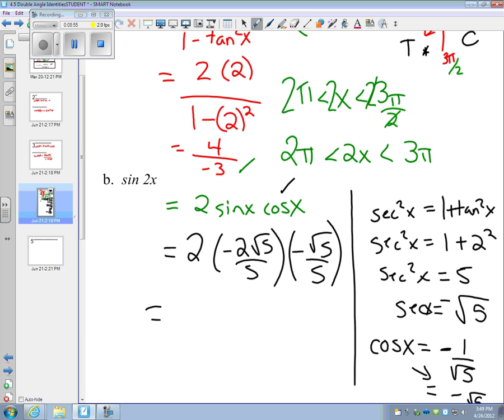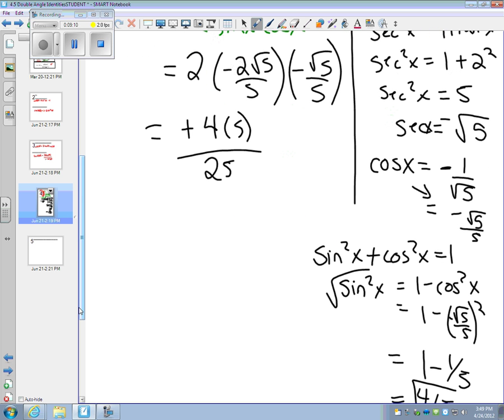Okay, so we get 2 times negative 2 is negative 4. Root 5, oh, there's another negative sign, so that becomes positive. Root 5 times root 5 is just 5. 5 times 5 is 25. So this is equal to 20 over 25, which is 4/5.